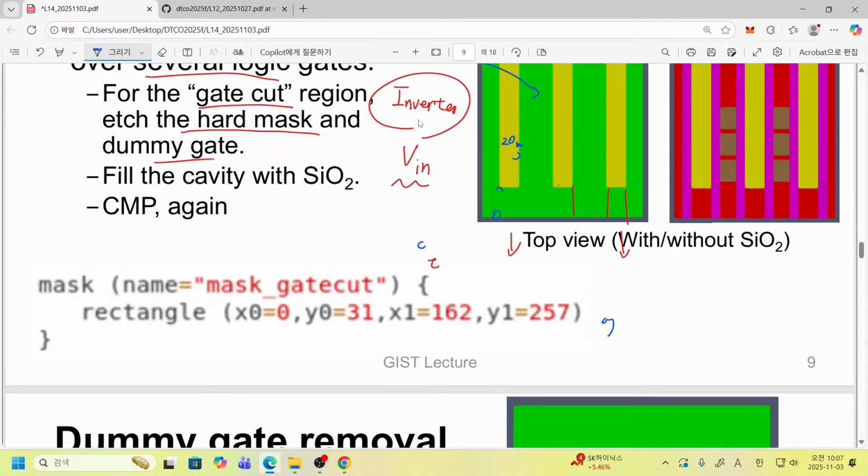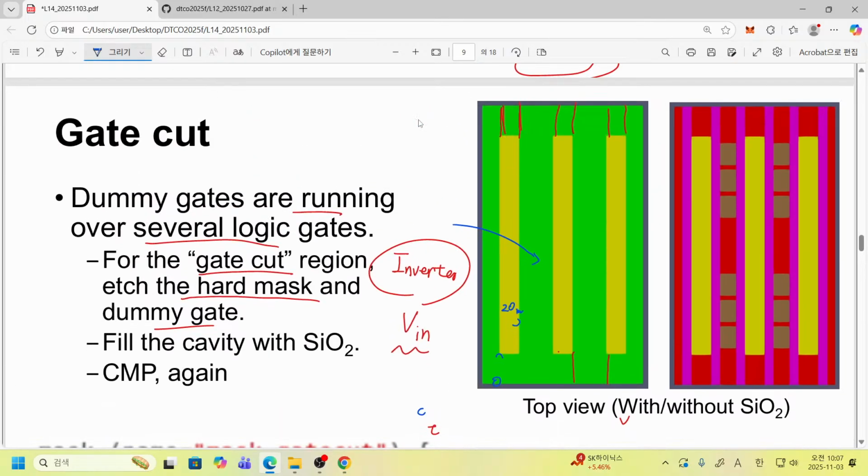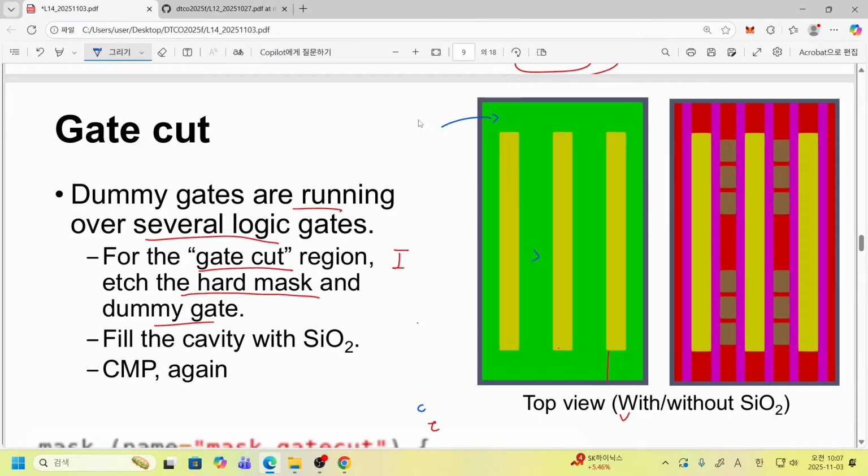When the gate cut is done, previously there were long running lines. However, they are now separated, and when we make this silicon oxide invisible, you will see this one. This is the same structure without displaying silicon dioxide.